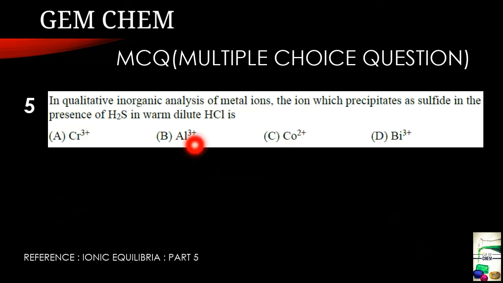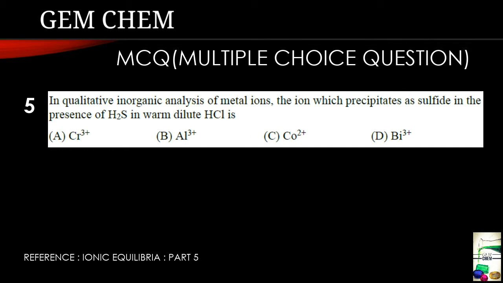Now the next question is from Ionic equilibria part 5 video, and there we had dealt with solubility product, right, and also discussed about the different groups involved in inorganic analysis. So in qualitative inorganic analysis of metal ions, the ion which precipitates as sulfide in the presence of H2S in warm dilute HCl is.